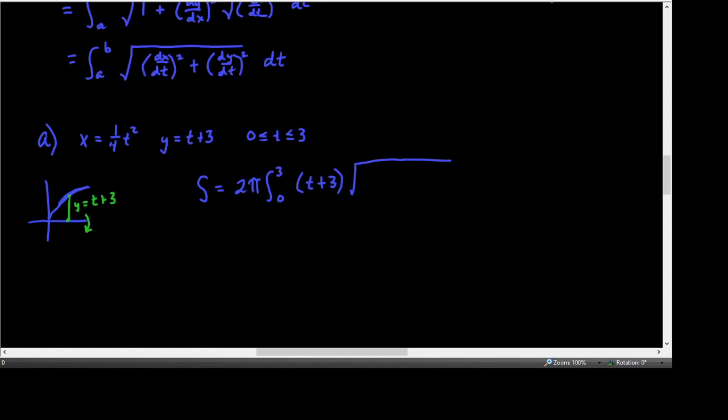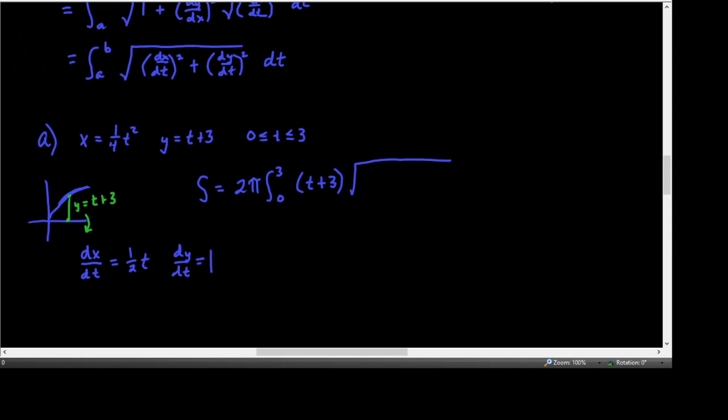Now this is what I forgot to do. Usually I do this right away, and I just neglected to because I got busy with the picture. But usually the first thing I'm going to do is find dx/dt, which is 1/2 t, and dy/dt, which is 1.